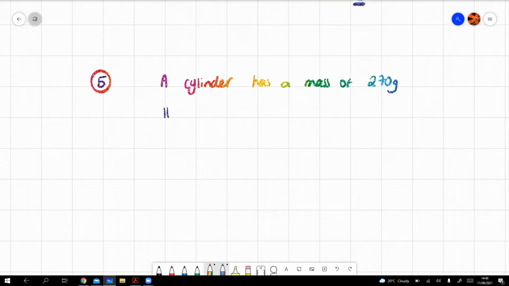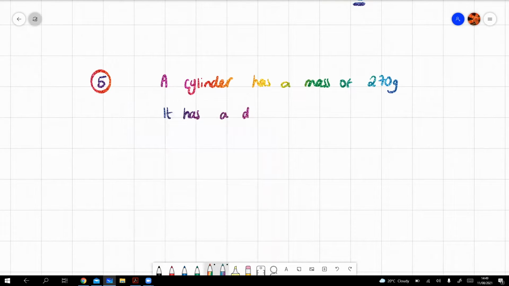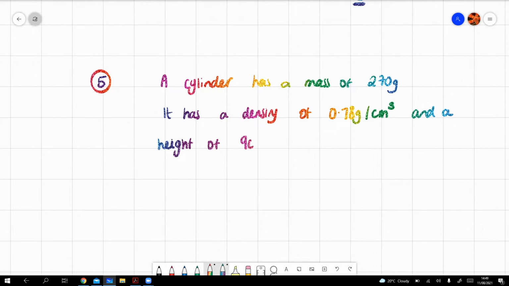It has a density of 0.78 grams per centimeters cubed and a height of 9 centimeters. And we're going to find the radius.